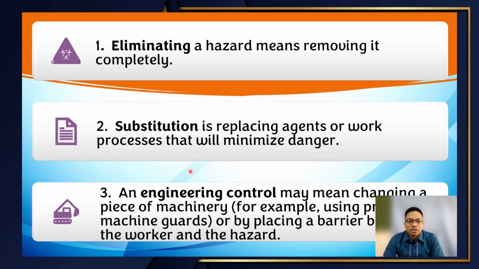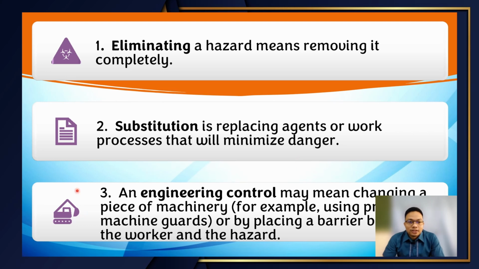It is replacing the agents or work processes to minimize danger. If there is a hazard in the workplace or a likelihood that a caregiver is in danger, we have to replace or call someone to substitute that worker.